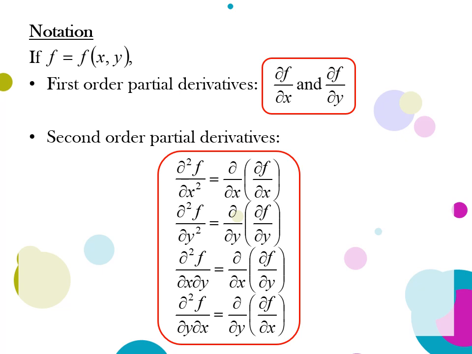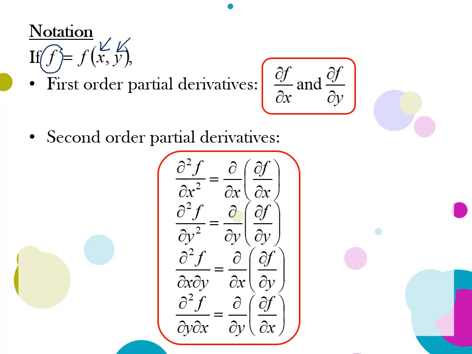Okay, let us assume that we have a function f which depends on two variables, x and y. So in that function, there will be x and y variables in it.